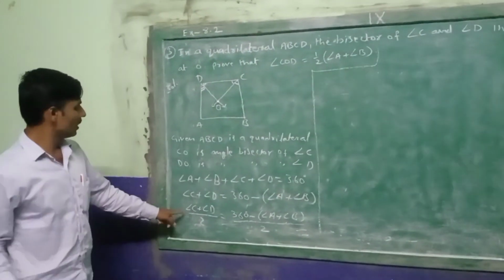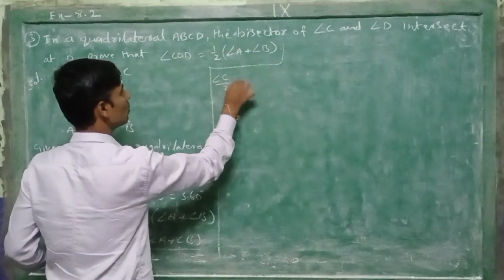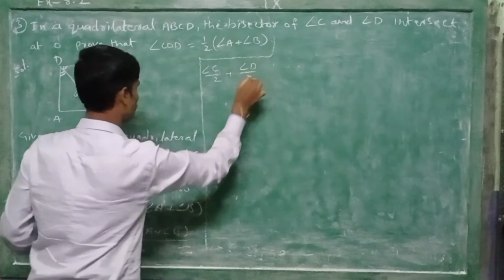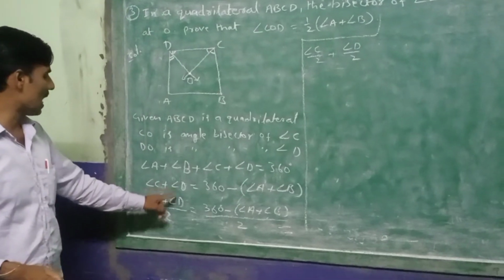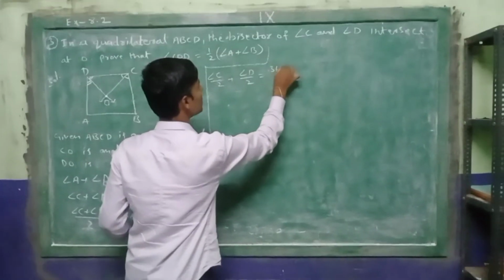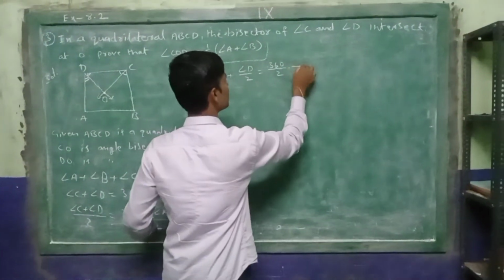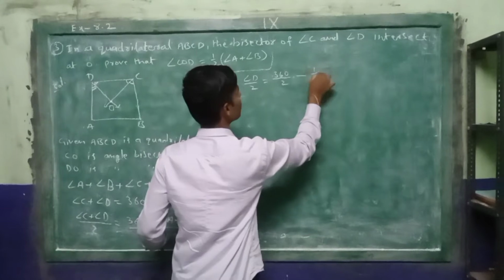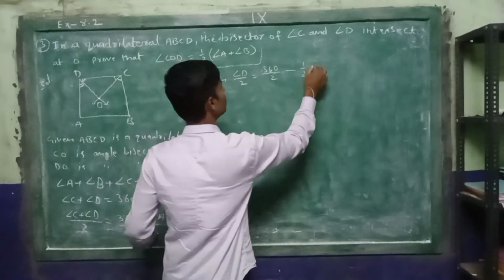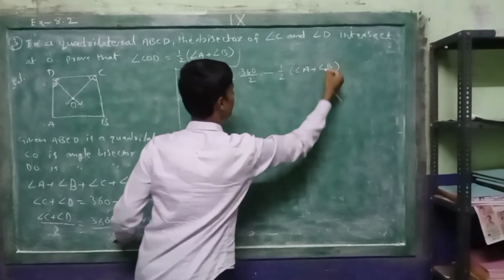Now see, by 2 means you apply separately: angle C by 2 plus angle D by 2 equals 360 by 2 minus 1 by 2 into angle A plus angle B.